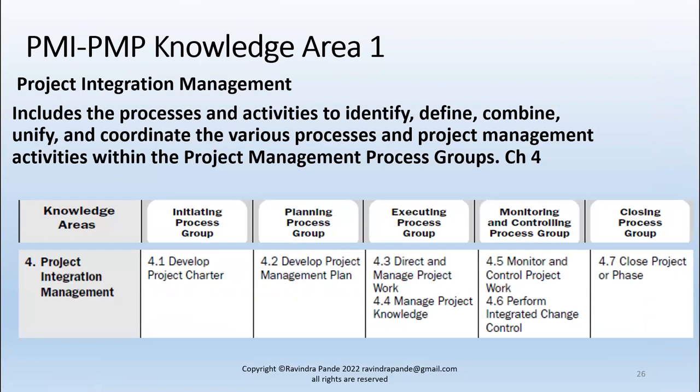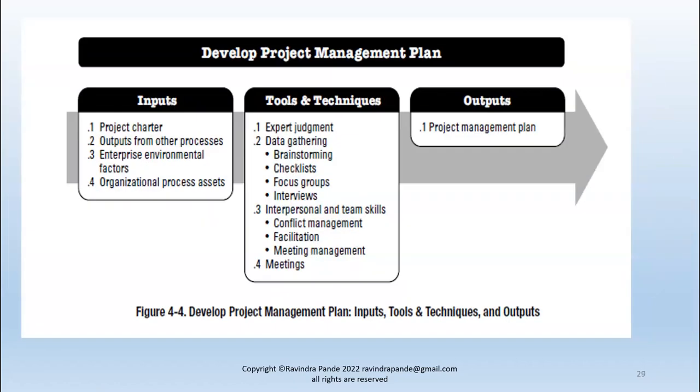If my project is from January to June, and I'm in the first week of May, I have completed quite a few things. So what this input means is that outputs from other processes, outputs from the other knowledge areas, are also considered to update the project management plan.